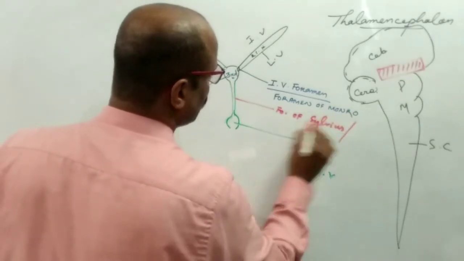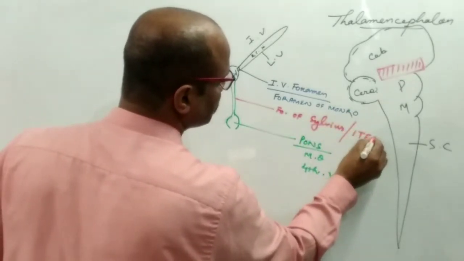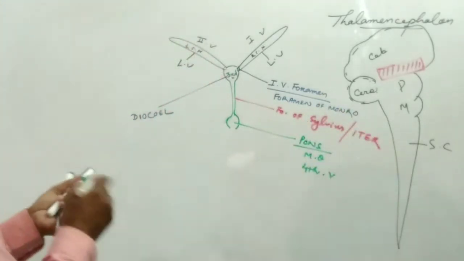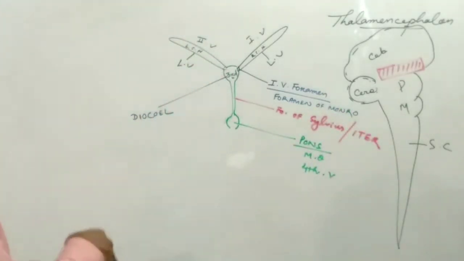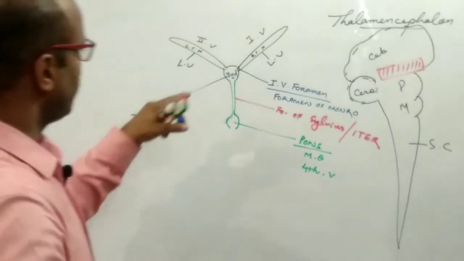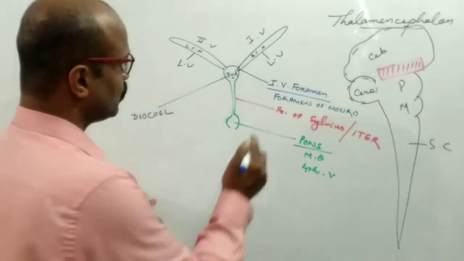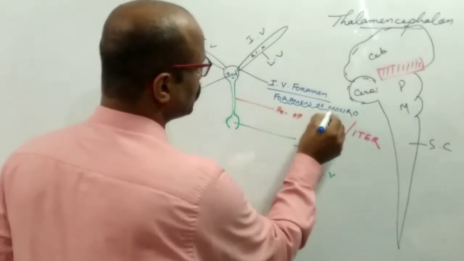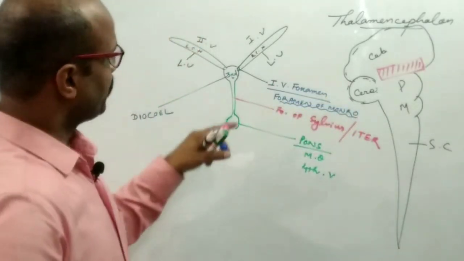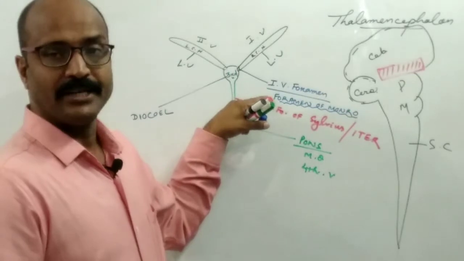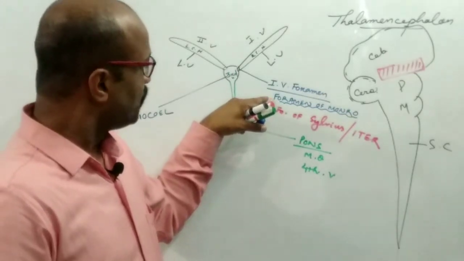The important thing is that the lateral ventricles connect with the third ventricle through the foramen of Monro. So can you tell me some of the important foramina present in humans?